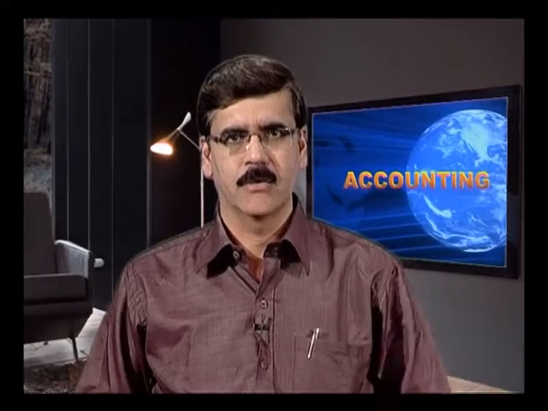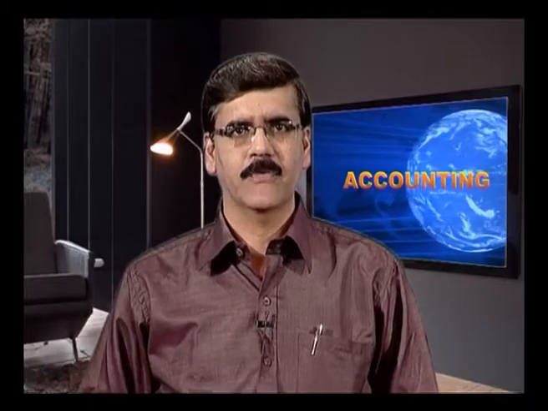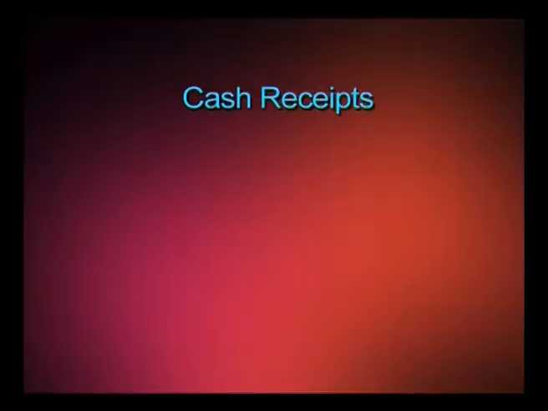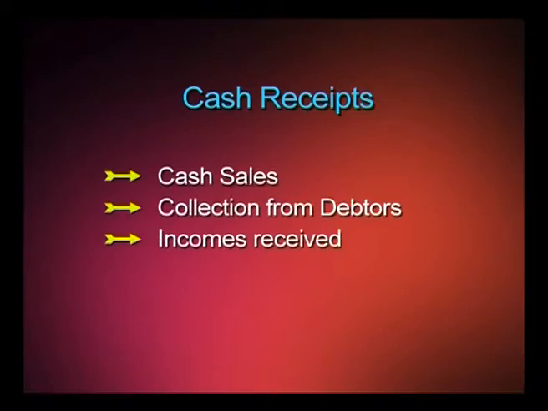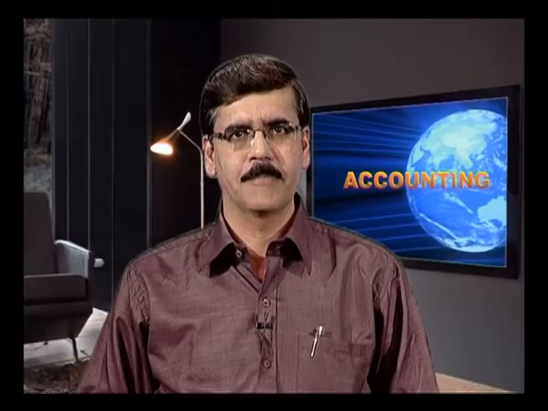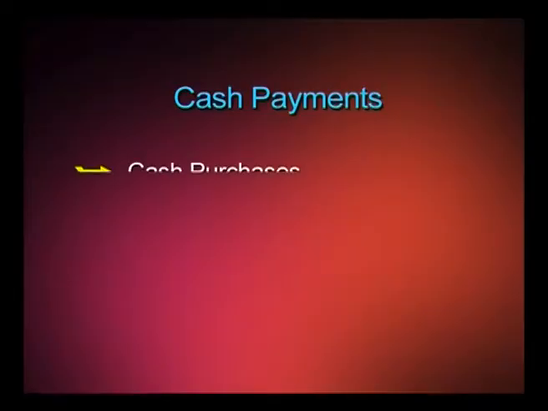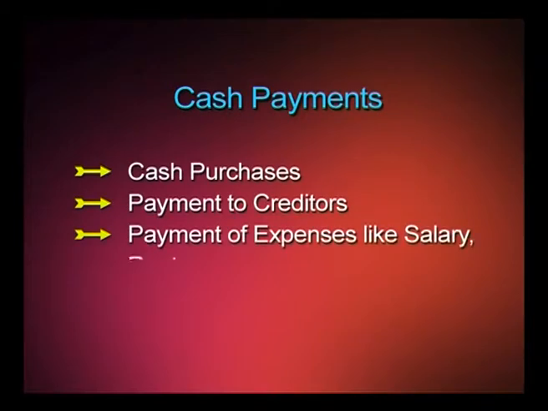Some of these transactions involve cash receipts, while others involve cash payments. Examples of cash receipts by a business firm are cash sales, collection from debtors, and incomes received like commission, interest, etc. Examples of cash payments are cash purchases, payment to creditors, and payment of expenses like salary, rent, etc.